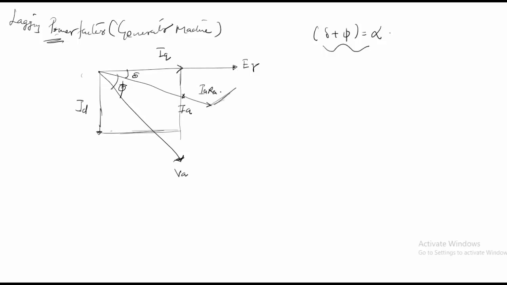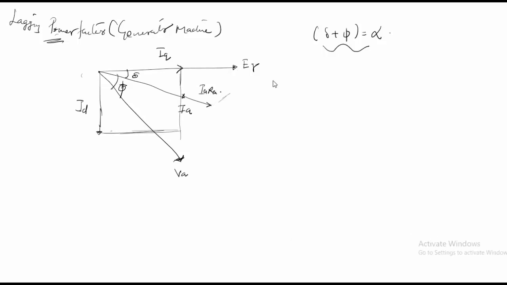So based on this you will have a graph something like this, for IaXd and IaXq.